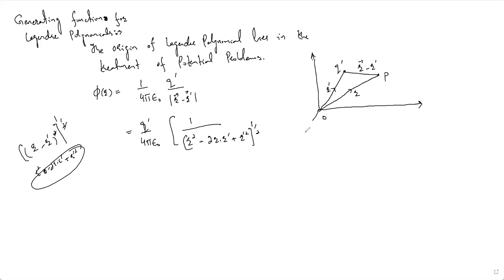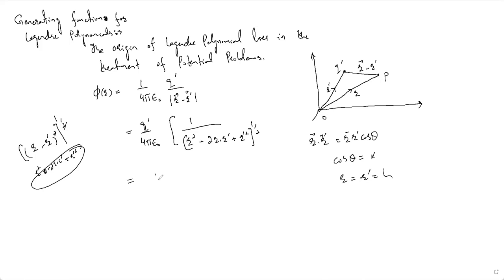Since you know that the dot product of the two vectors r dot r dash is always given by r r dash cos theta, now I will assume that cos theta is equal to x, and r dash by r is equal to h. So what will this equation now become?